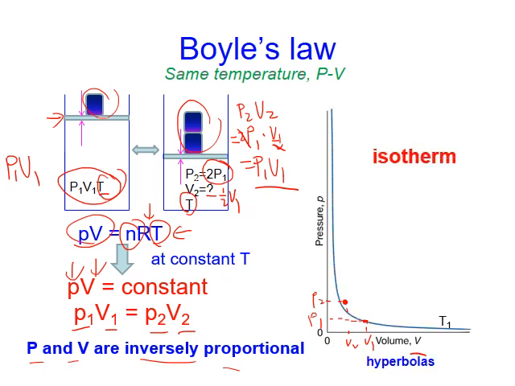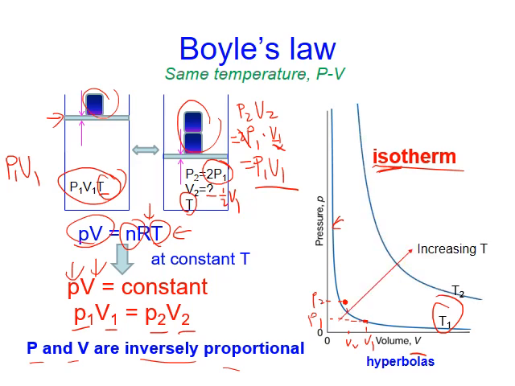Every point on this curve is at the same temperature, obeys Boyle's law, and it's called an isotherm. Iso means same temperature. So an isotherm represents Boyle's law. All these points represent the temperature T1. When temperature changes, then all points move to another curve, T2.